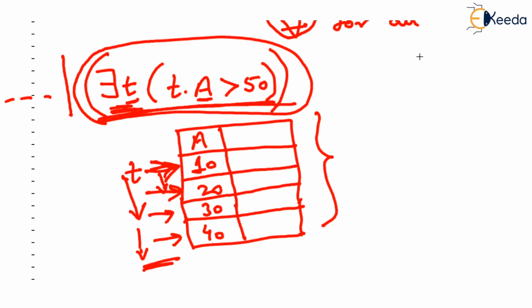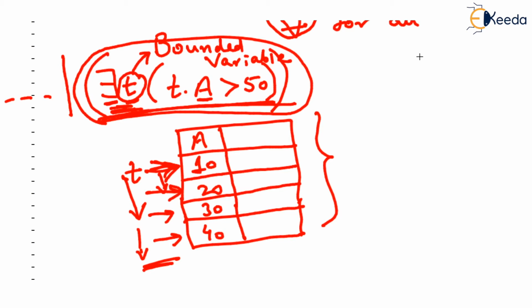What that means is this t, which is a tuple variable, is known as a bounded variable. Now I will come to the term over here. This is known as a bounded variable. Whenever you have any quantifier and after that quantifier you have a variable, then that variable is said to be bounded.